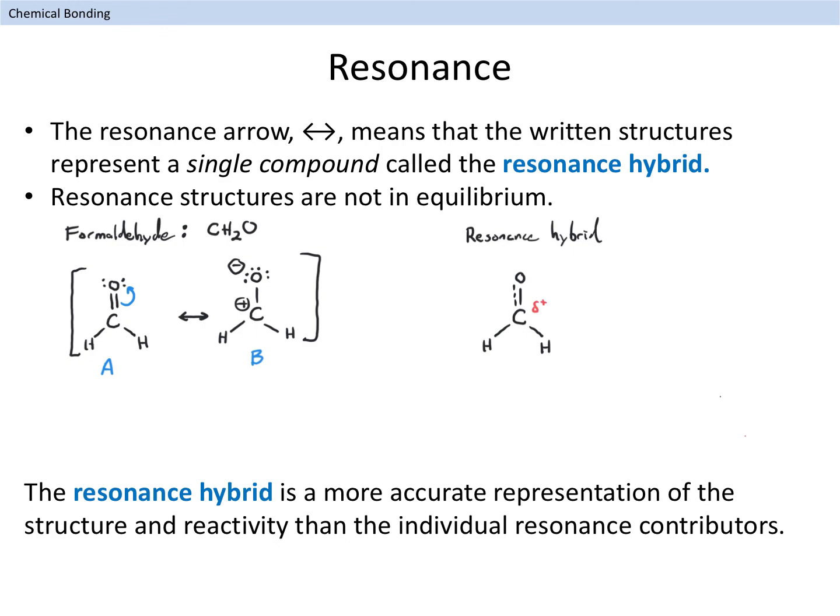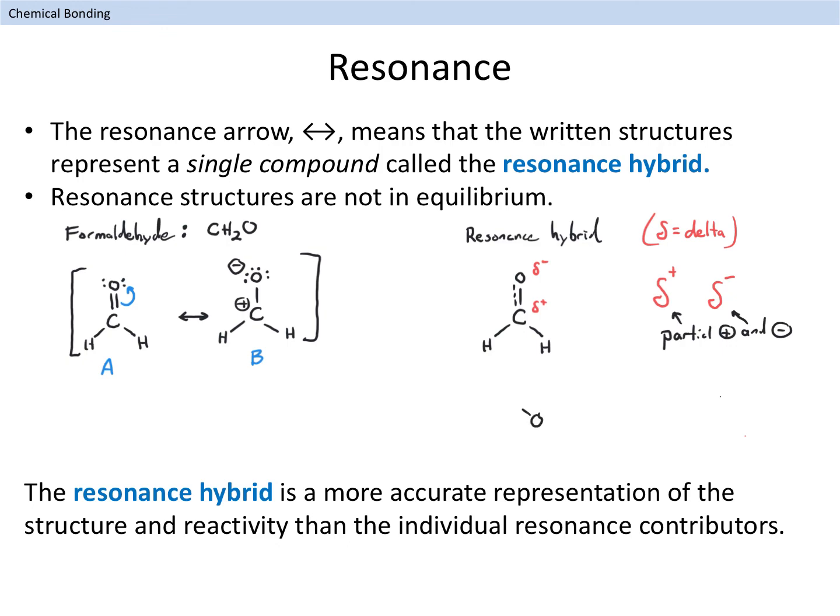We can use the lowercase Greek symbol delta, with a plus or a minus symbol, to show these small partial charges and distinguish them from full charges. So what does this resonance hybrid tell us that the normal structure doesn't? Notice that we see a partial positive charge on carbon. That tells us formaldehyde should be reactive at that slightly positive carbon. Specifically, it should react there with negatively charged atoms, or atoms with a lot of electrons available.